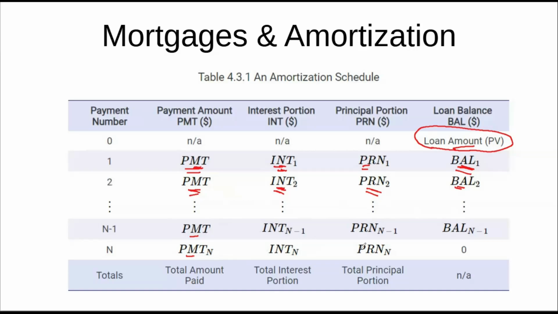And finally, you pay off everything and you end up with zero as the balance. So you have paid off your loan. And then you can add up all the totals to see how much principal and how much interest you pay. And this is supposed to add up to the amount of money you borrowed.